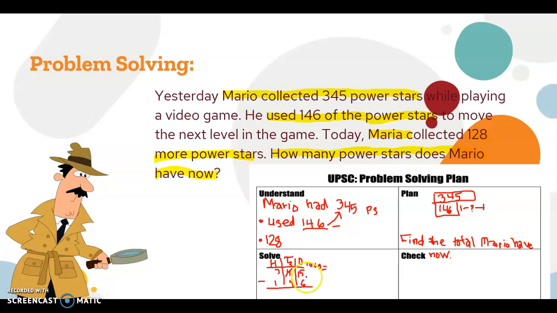And now I can subtract. So 15 minus 6 is 9. And I had 3 tens remaining, so I need to take one from the hundreds because I don't have enough tens to take away 4. And 10 plus 3 is 13. So 13 minus 4 equals 9. And 2 minus 1 equals 1.